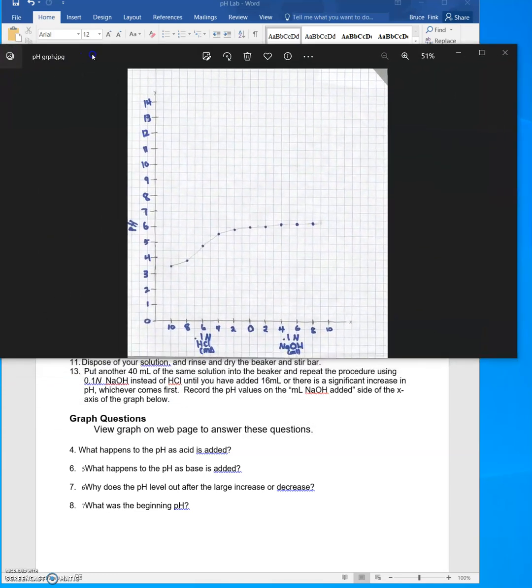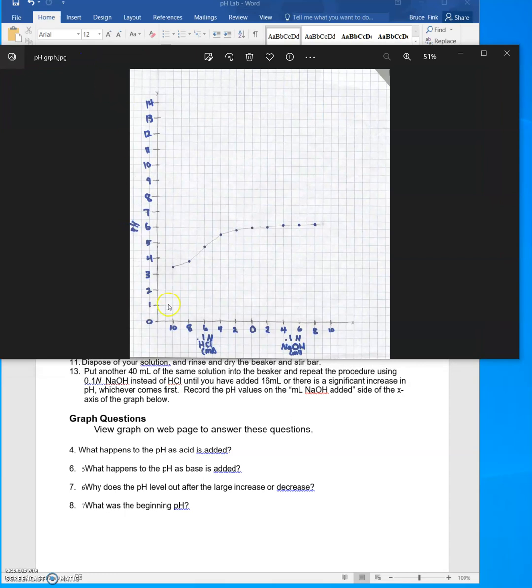So keep in mind as you're looking at this graph, it starts at 0, not at the far left-hand side in the corner, which is what most of you are probably familiar with most graphs you see. This graph starts out here kind of in the middle at 0 milliliters of acid or base added. So this is the solution before any base or acid is added, and you can tell the pH by going up from the 0 and then looking at what pH that is.